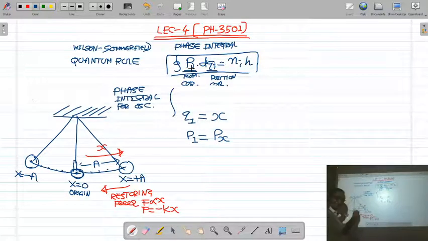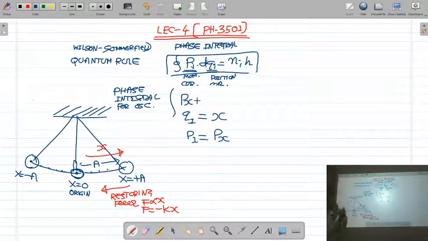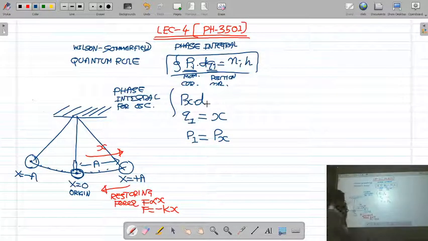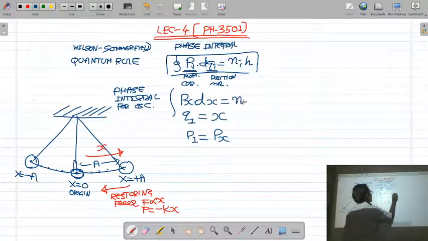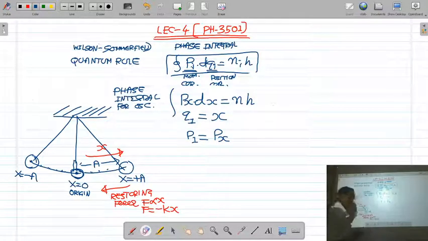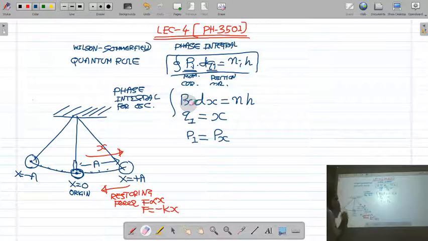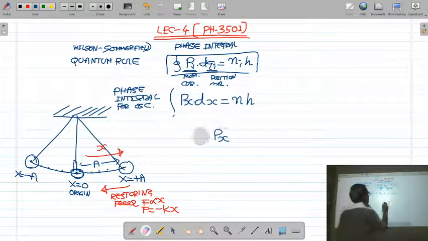Our oscillator is oscillating in x direction, so it has momentum px, and it has only x coordinate. So the integral of px dx is equal to nh. The momentum of the oscillator in x direction is px, and the position coordinate in x direction is x. That is the phase integral for our oscillator.